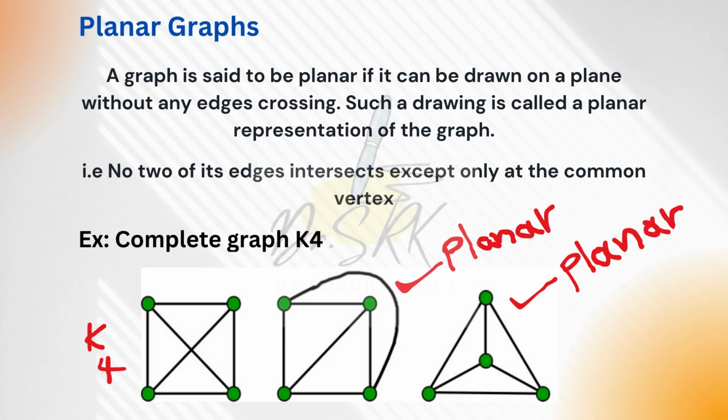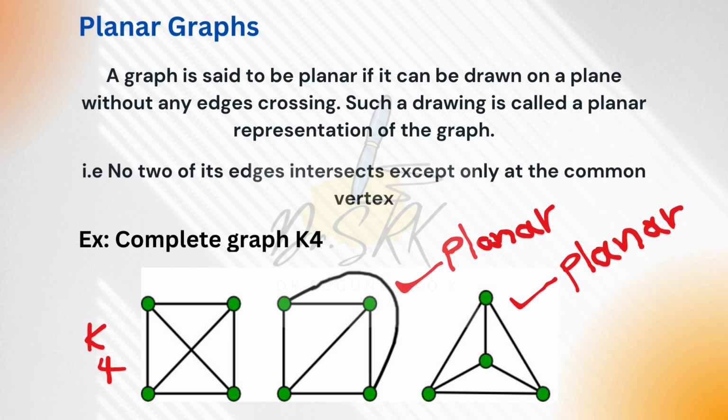Look at the example here. The graph name is K4, means complete graph with four vertices. The first graph shows that the middle edges of this graph are crossing one another.